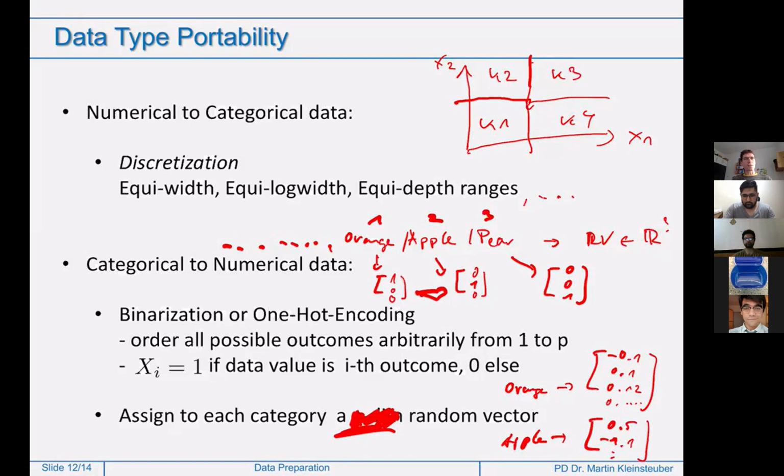So this is also something that you do in practice. If you have categorical variables, before you start your algorithm, you assign each categorical variable a random vector in an appropriate dimension. It's mainly due to computational reasons, but also to keep the output layer that you have at one point fixed.